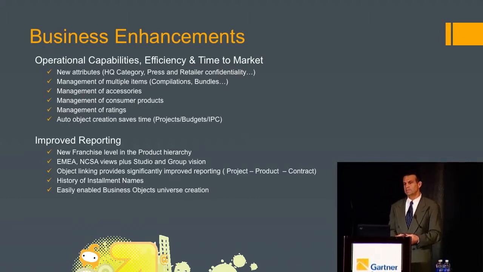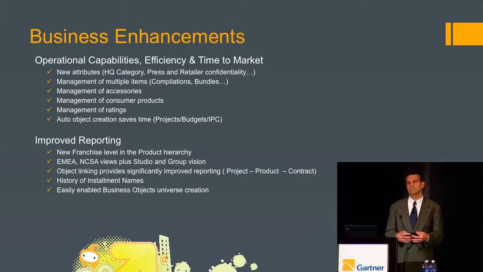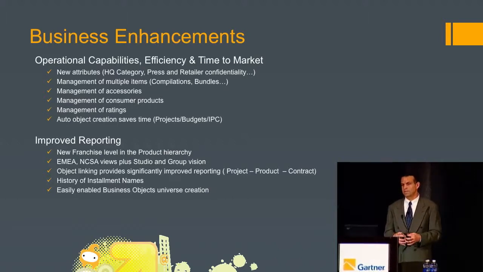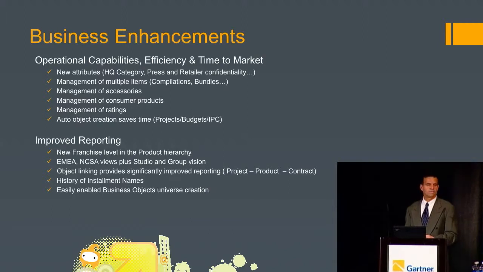We may have a game that has a toy that goes with it that has a T-shirt, that has a figurine. Not only that, we can also manage those particular items as well, which are accessories. We have a number of consumer products that we sell as well. It gave us a way to capture those all as well.